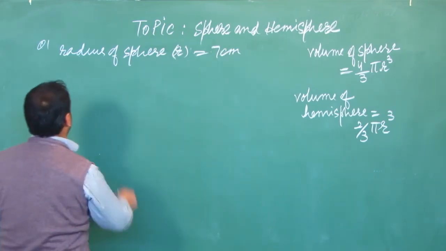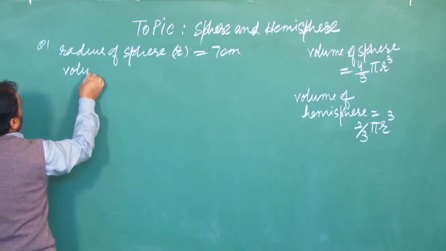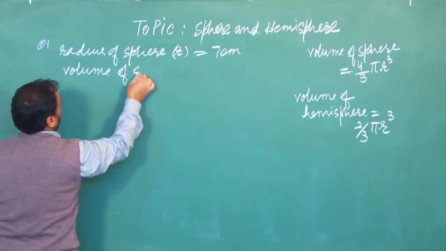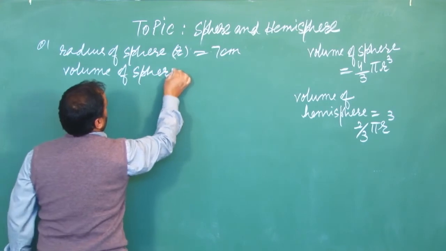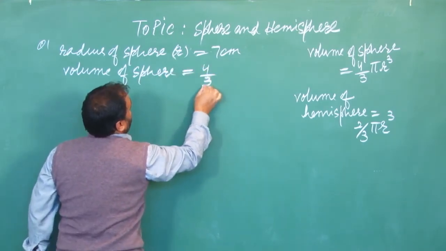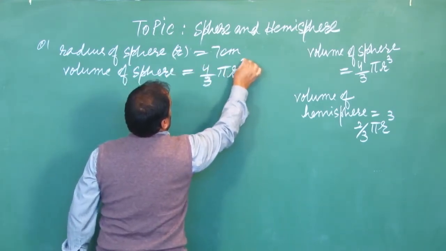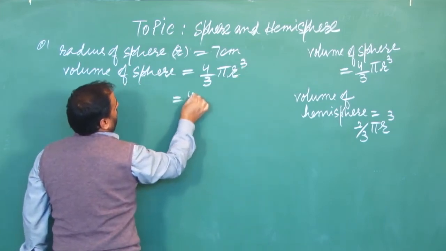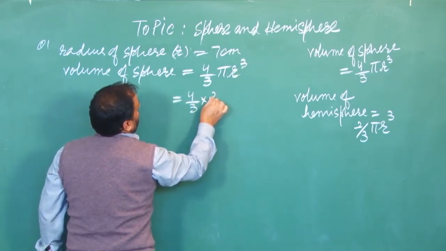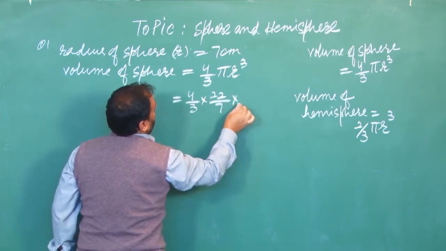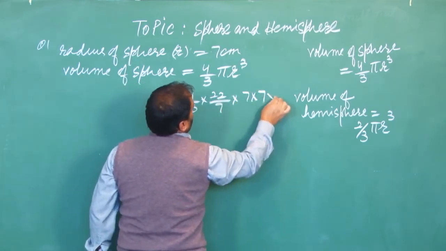Using the formula for volume of sphere, it is 4 by 3 pi r cube. 4 by 3, pi is 22 by 7, r cube is 7 into 7 into 7.